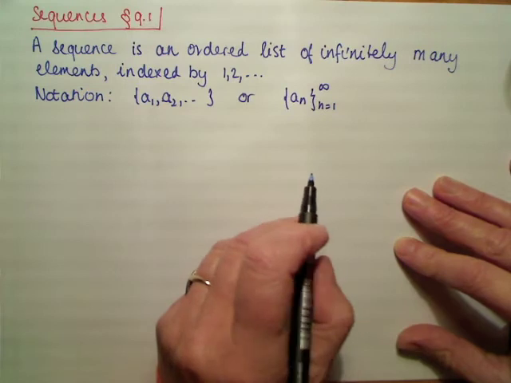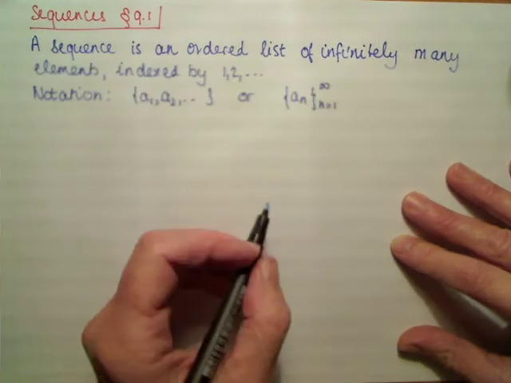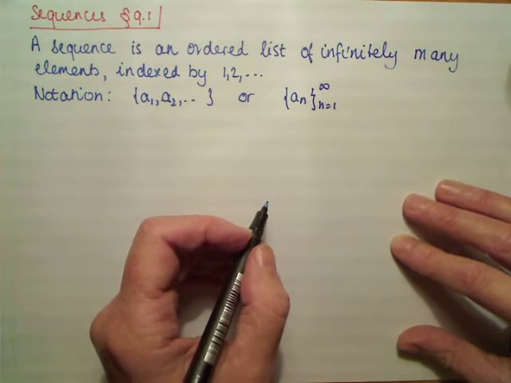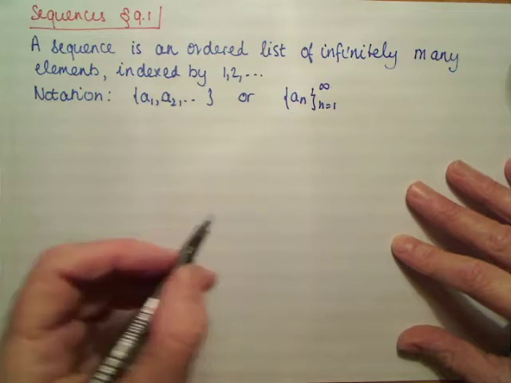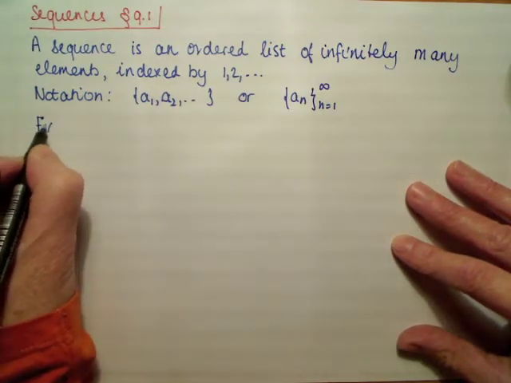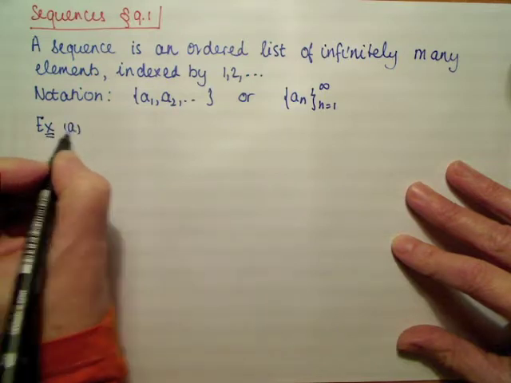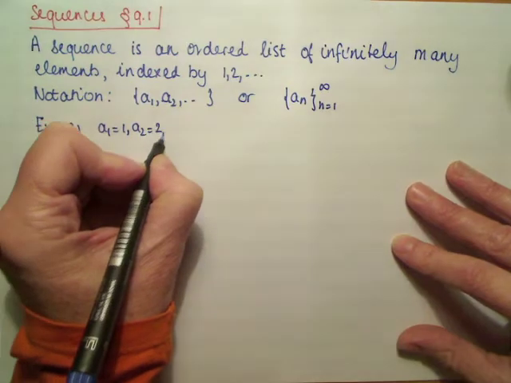It's not very important. And of course, these elements can be anything, but we will mainly consider real numbers. I will give some examples. First example is the sequence A1 equals 1, A2 equals 2, and so on.